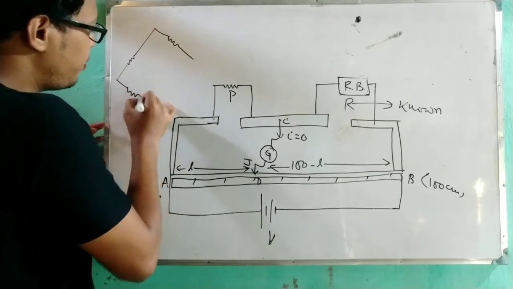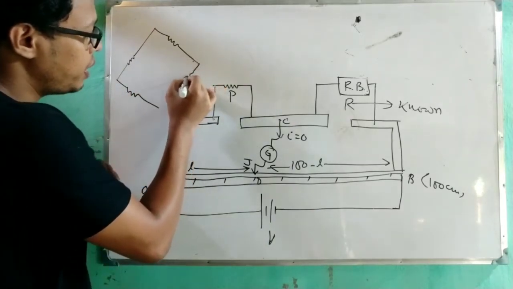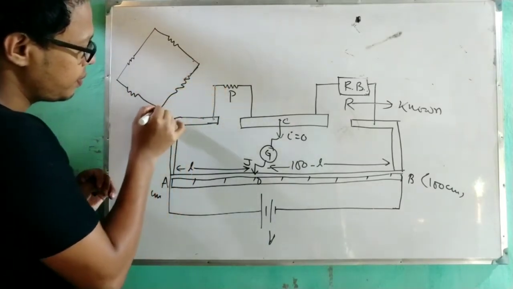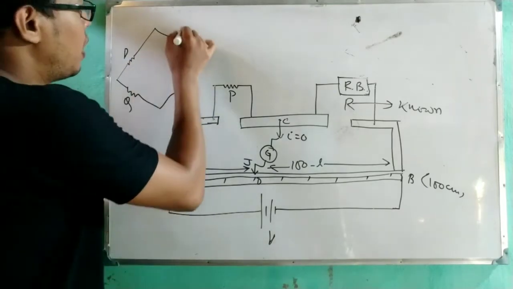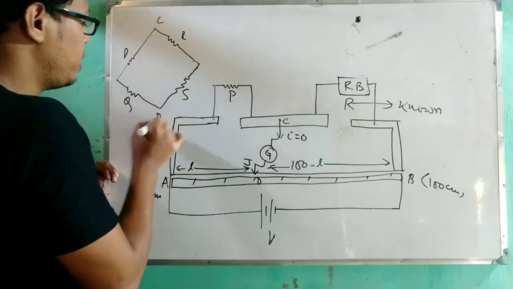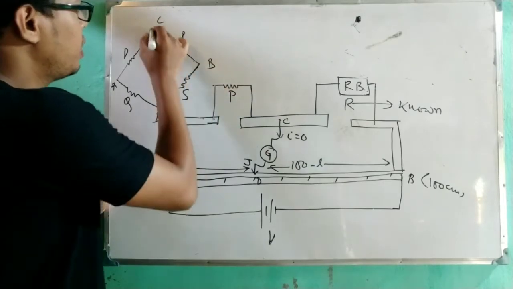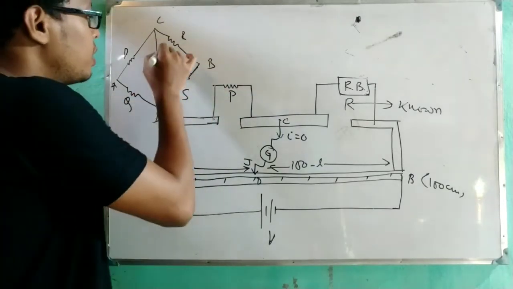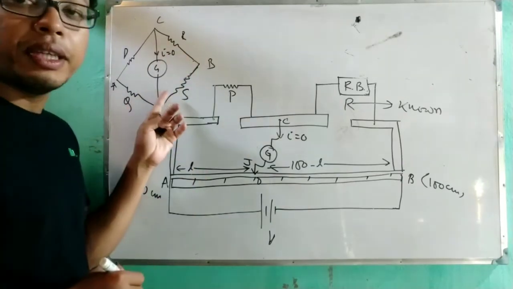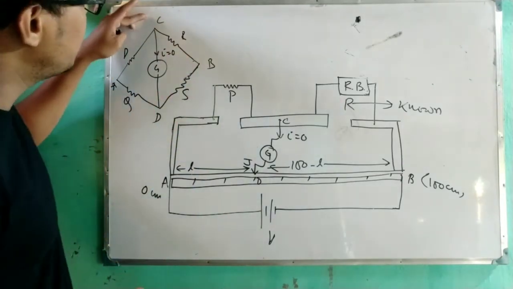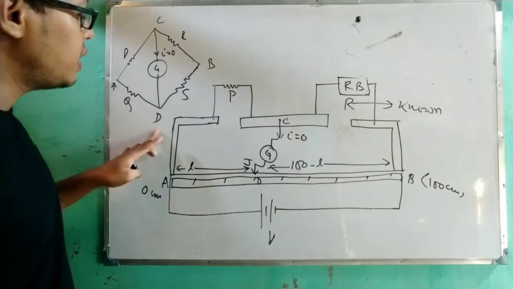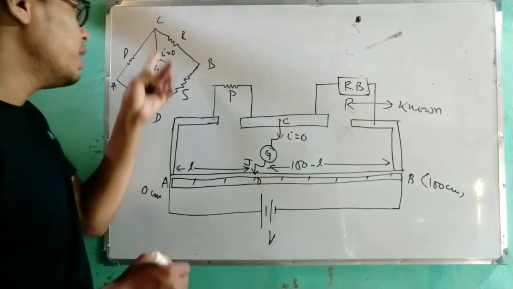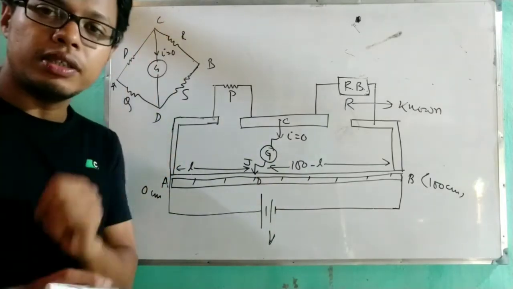In the Wheatstone bridge there are 4 arms, suppose P, Q, R and S, and these are the points C, D, A and B, and one galvanometer is connected across C and D. When the galvanometer shows no deflection, I is 0, then we can say the potential at C equals the potential at D, meaning the potential difference between C and D is 0.